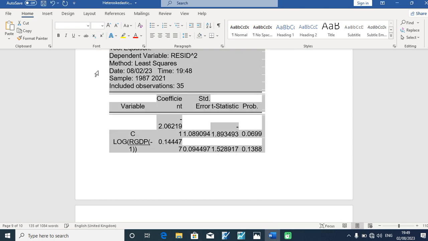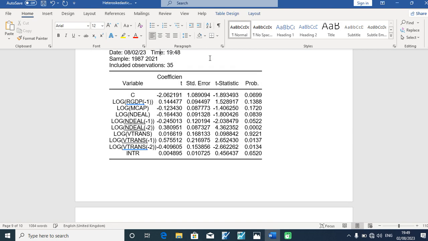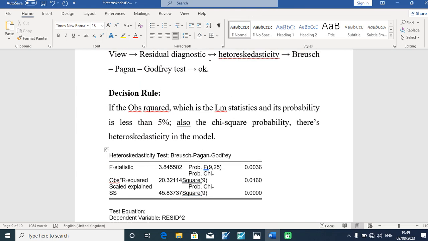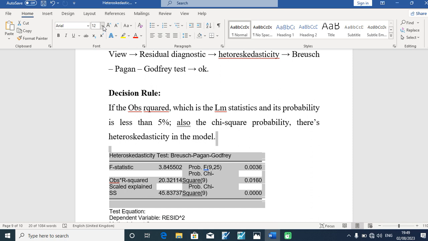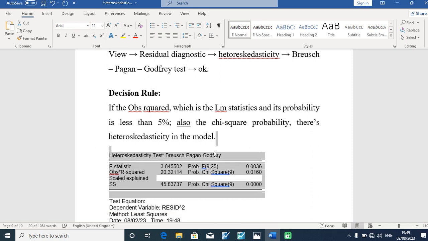This is the result. Your attention should be within this first section. If you look at this result, you observe that the p-value of F statistics is 0.0036.